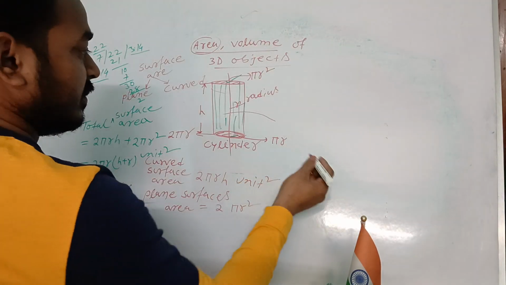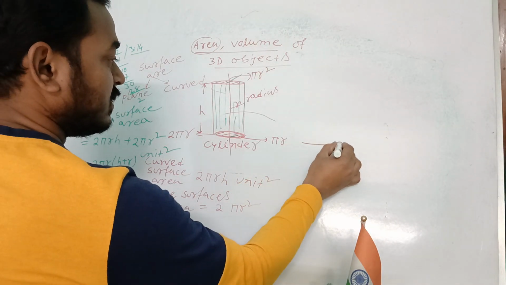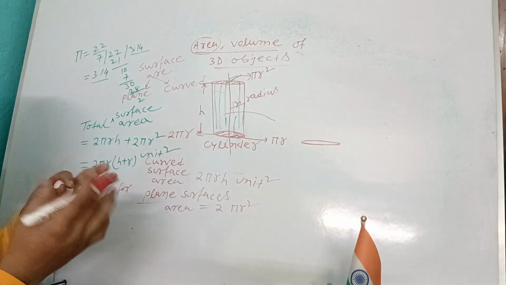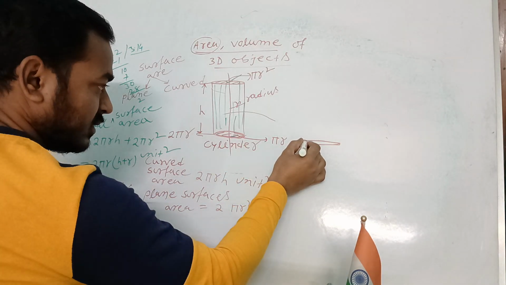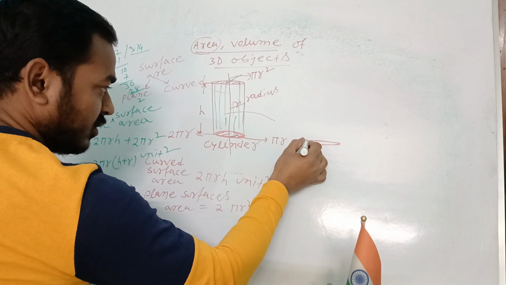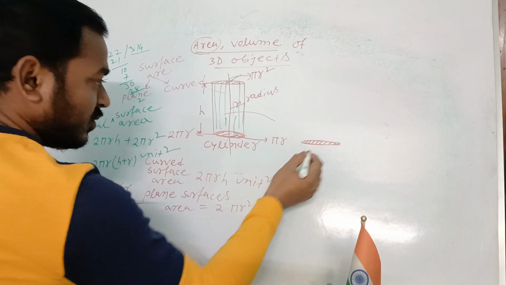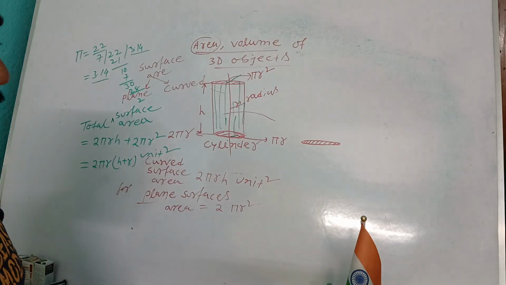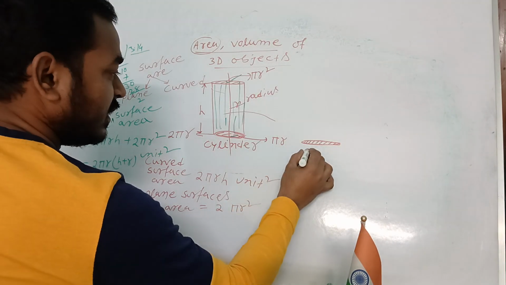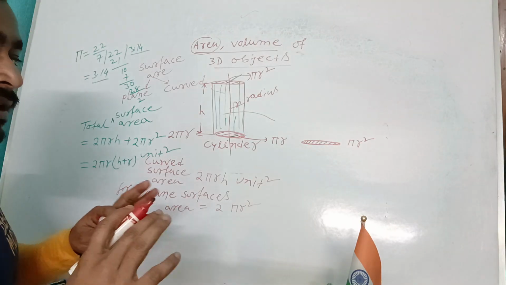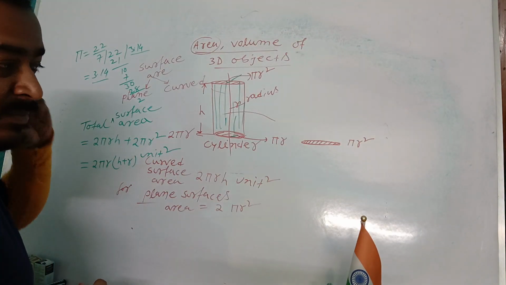For example, say this is a circular region. What is the volume of this circle? Sir, thickness is negligible. Area is pi r square.